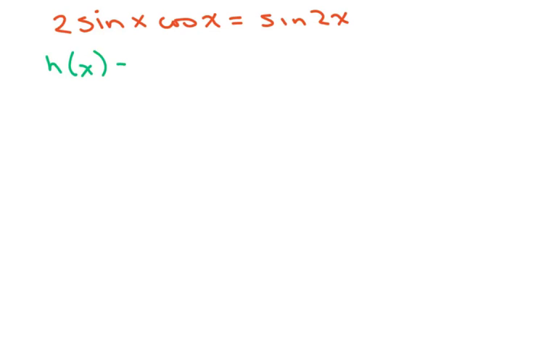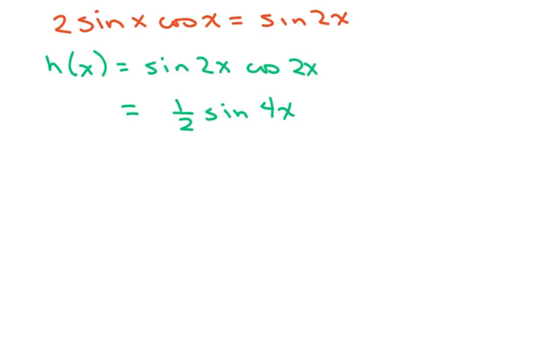So we know that 2 sine of x times cosine of x equals sine of 2x. That's our double angle for sine. So what I can do is write h of x equals sine of 2x times cosine of 2x as 1/2 sine of 4x.